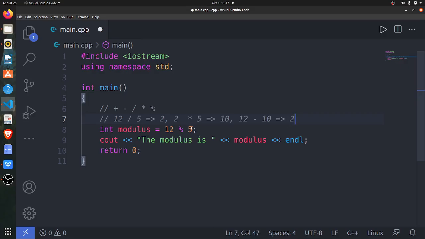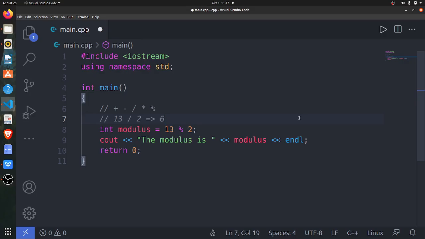Let's think about a different, smaller number. Let's see if it was 13, and we're dividing it by 2. Let's go through the logic of how we get the answer. It will be 13 divided by 2, and 13 divided by 2 is 6.